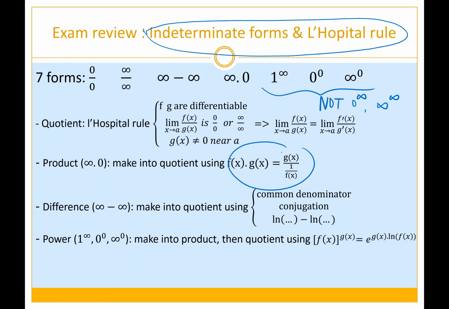If it has a difference, again the entire point is to make it into a quotient using a common denominator, conjugates, or this property of log, and then you use L'Hopital's rule. Finally, if you have a power, first you make it into a product, then a quotient, using again this expression. We're going to see that very clearly in one of our examples.